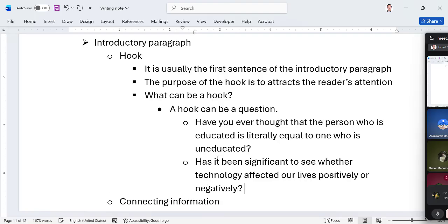So it can be a hook, a general question that we ask about technology. It can be a hook, the first statement of our essay.